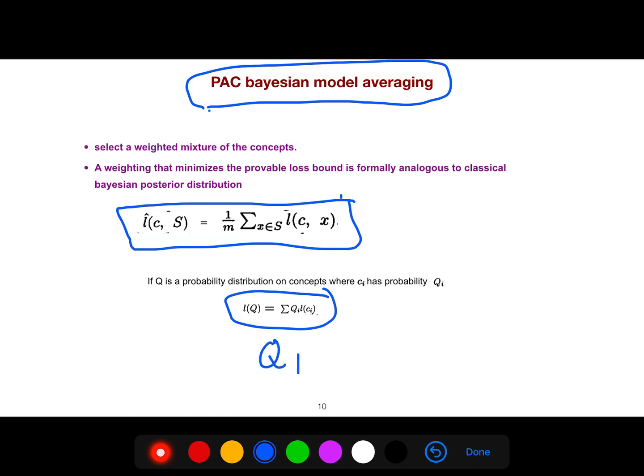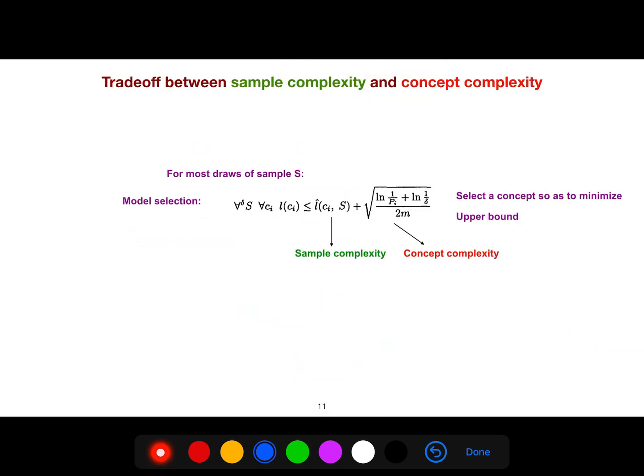Q1 times the loss of the first classifier, plus Q2, the probability that this one is chosen, times the loss of the next hypothesis, and we add all of them because it's a mixture of classifiers, or a mixture of some hypotheses. So it is logical to think of loss as an aggregation of all of these.